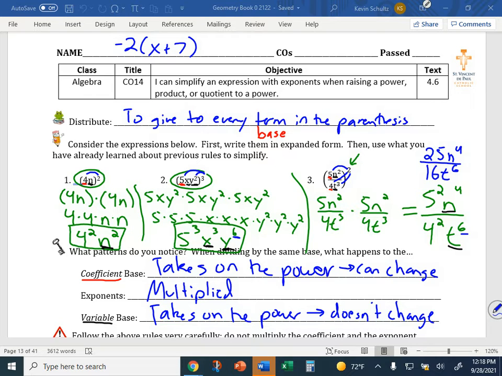But the point is, everything inside of the parentheses gets the exponent. Okay, what happens kind of depends on whether it's a coefficient, a variable, or if it has a power already, but everything gets it. Questions on this?